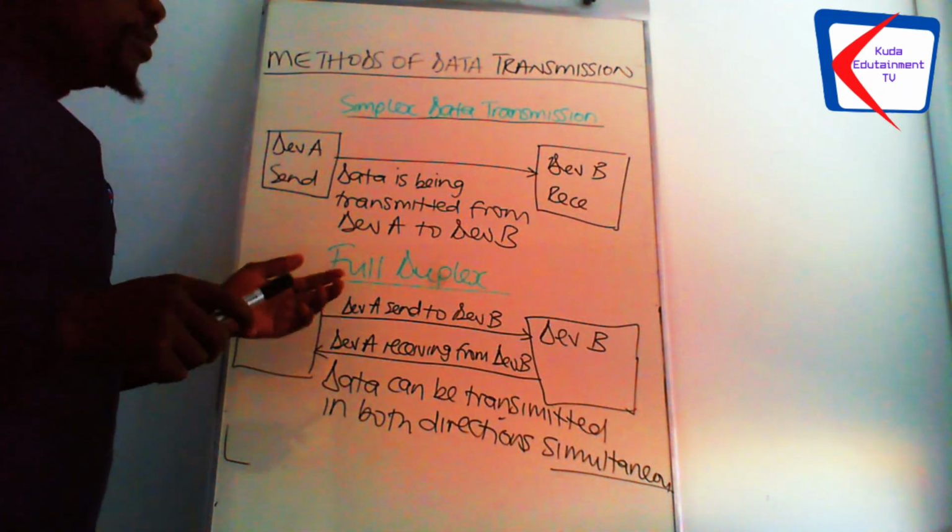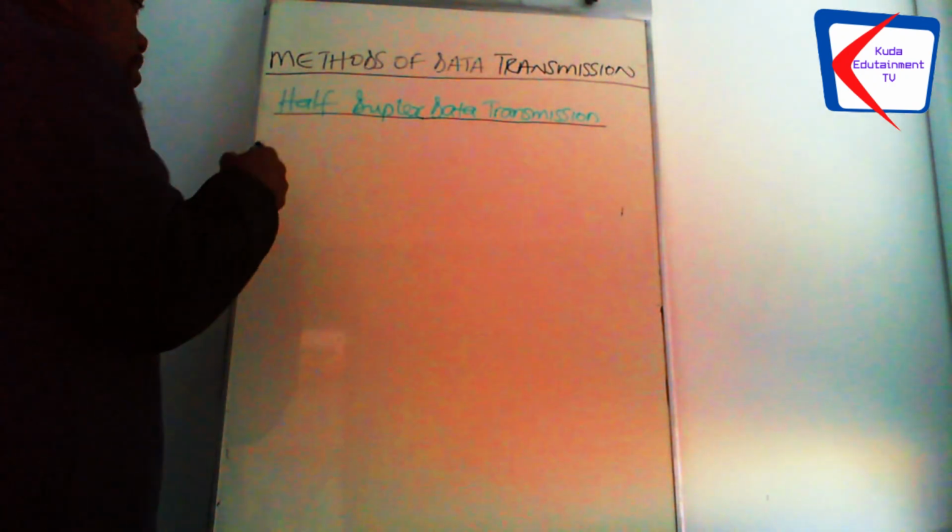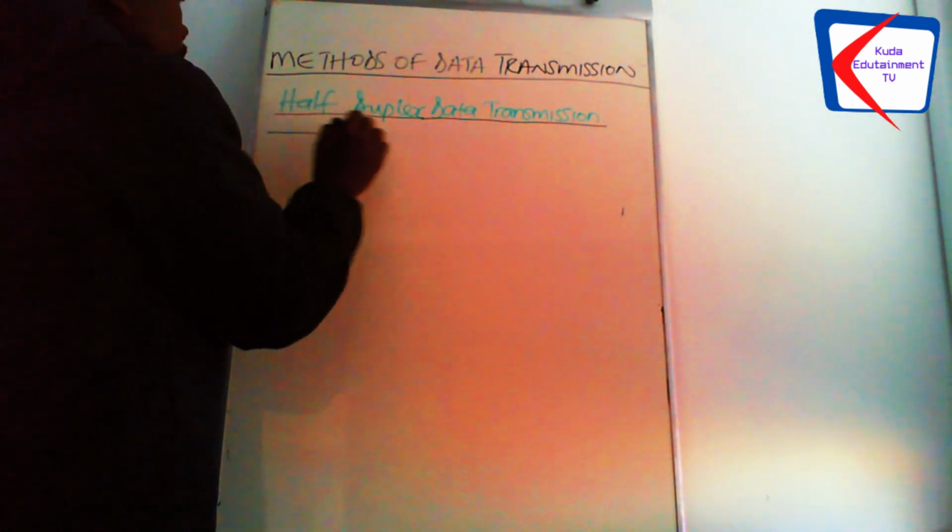So now we want to look at half duplex. With half duplex, the diagram is like this.